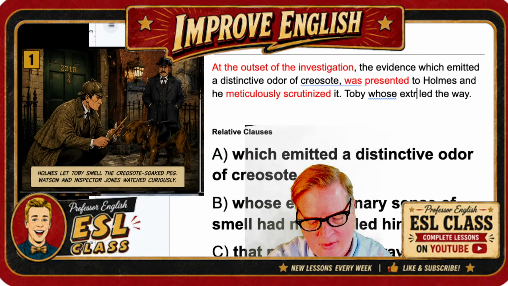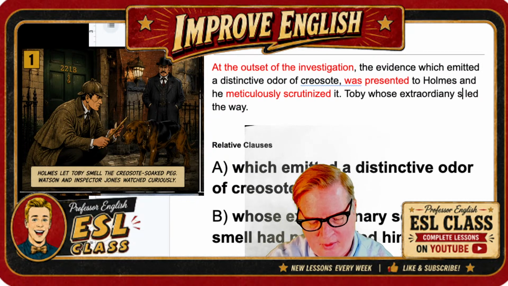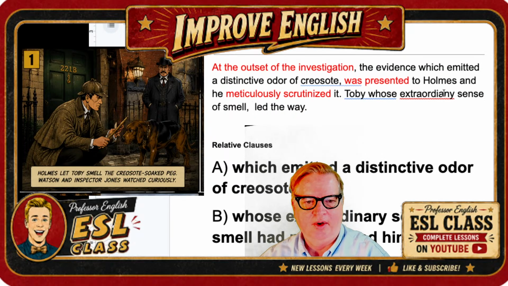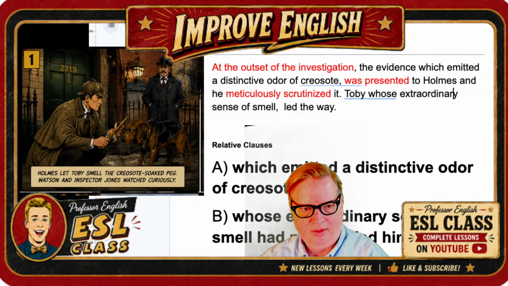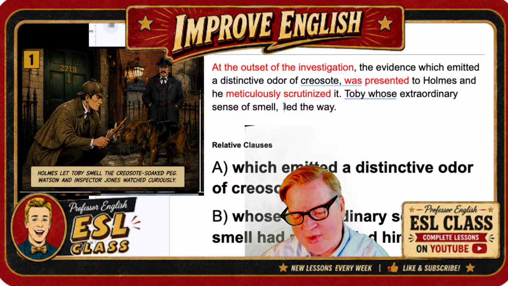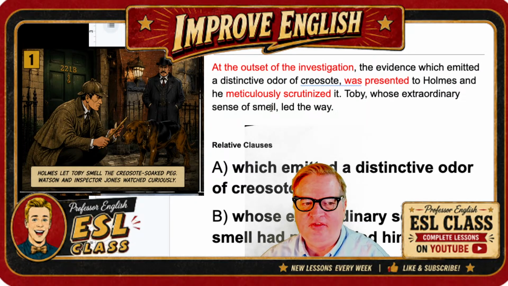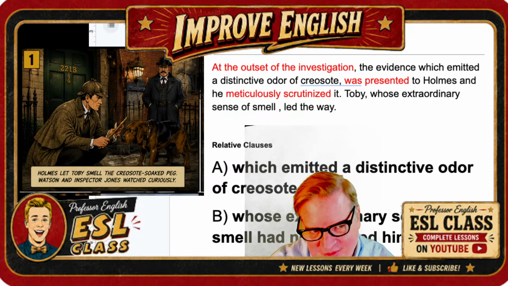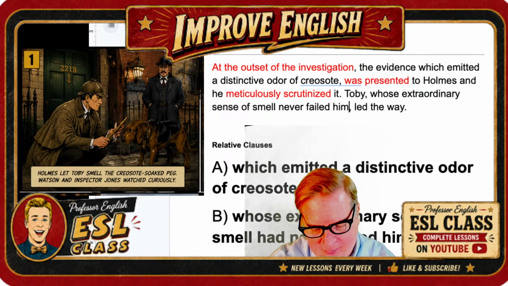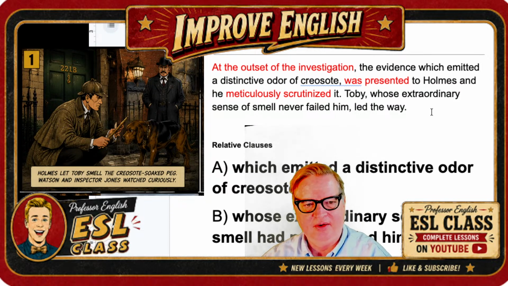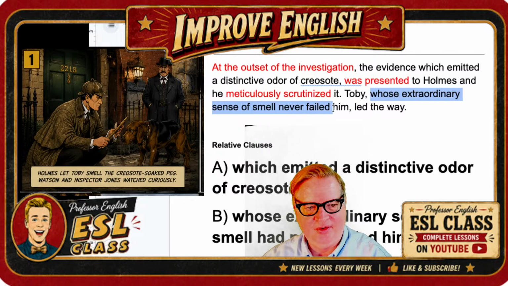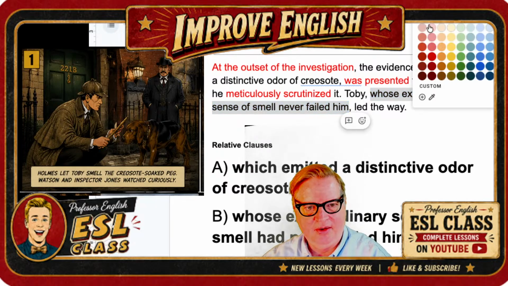Extraordinary. We could just say Toby, whose extraordinary sense of smell never failed him, led the way. And that could be a sentence right there. Now we've got quite a sentence. We've built 2 complex sentences already.